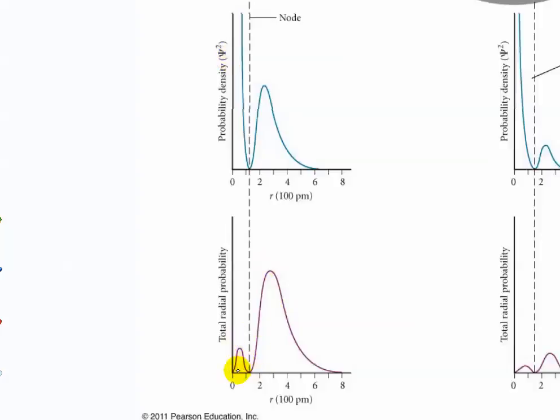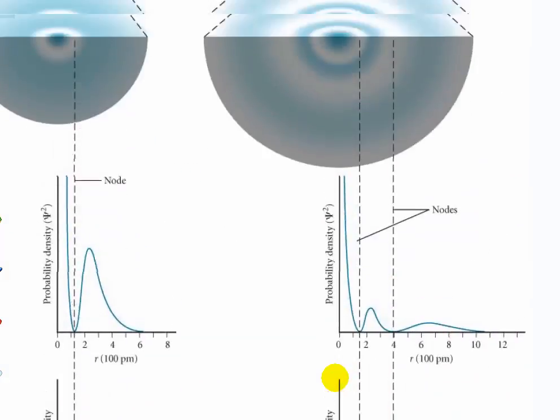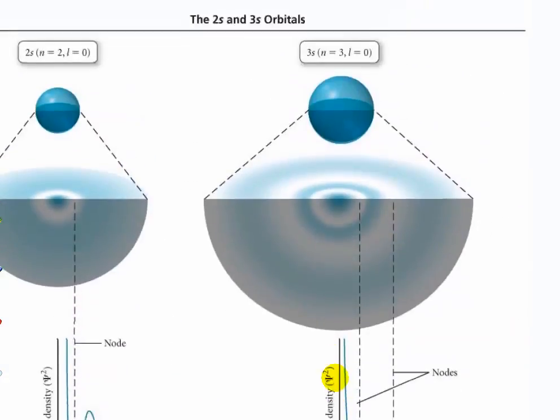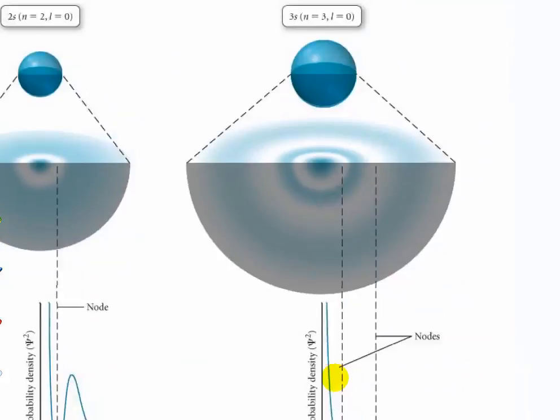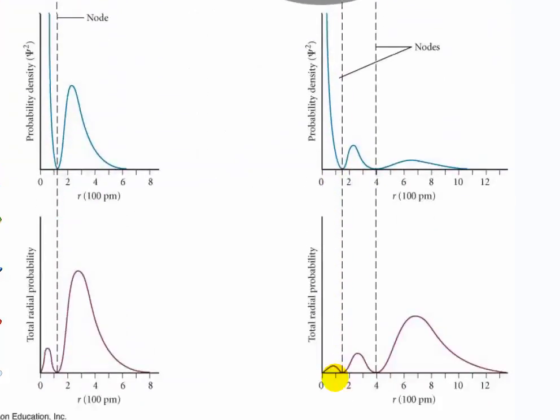There's a slight area of probability just outside the nucleus, and then most of it further outside the nucleus. We go to the n = 3 shell, and we see a much larger s orbital with now 2 nodes. So again, here's the radial probability. And most of the electron probability is located further out.